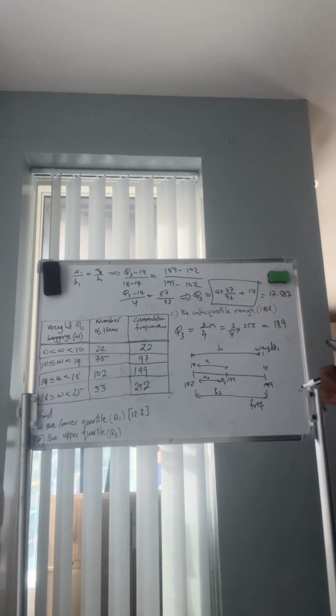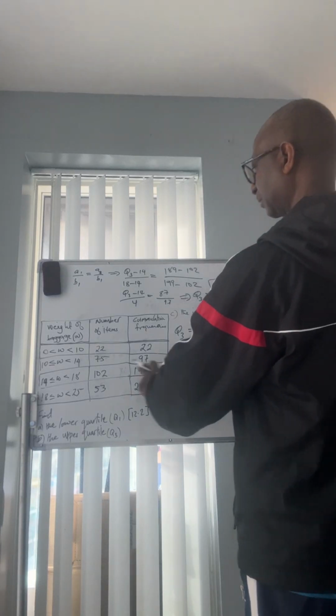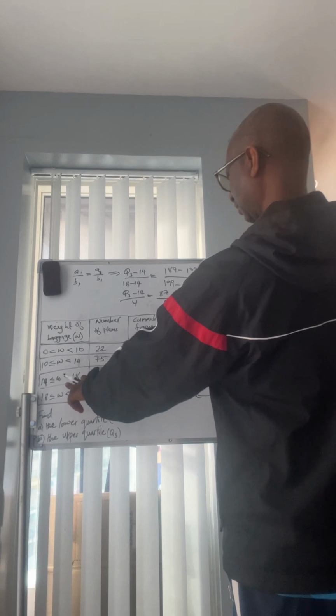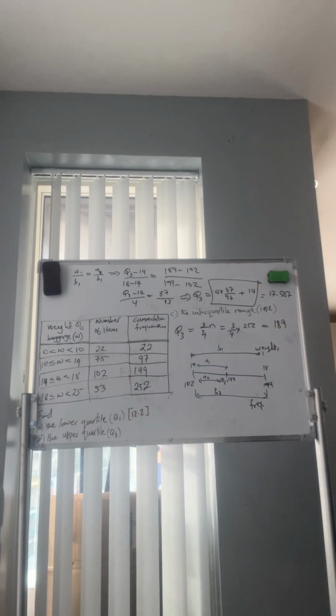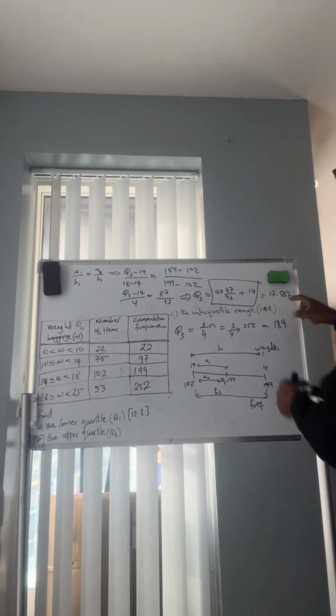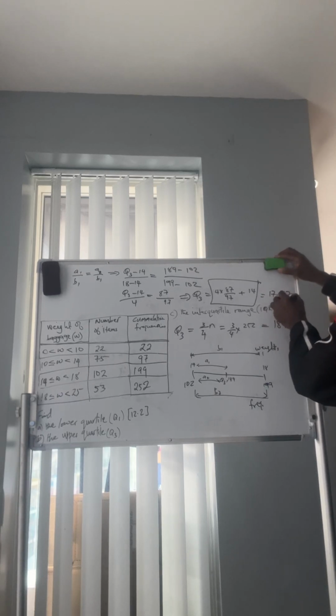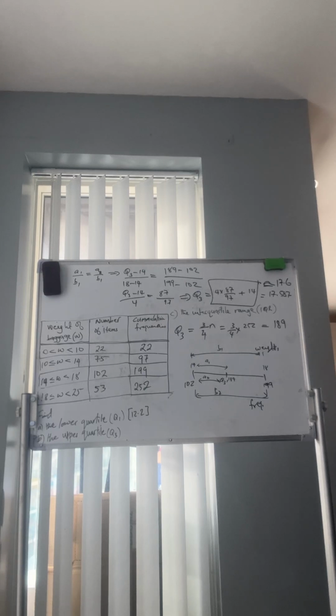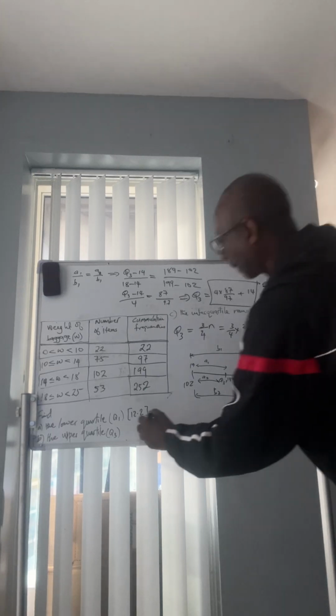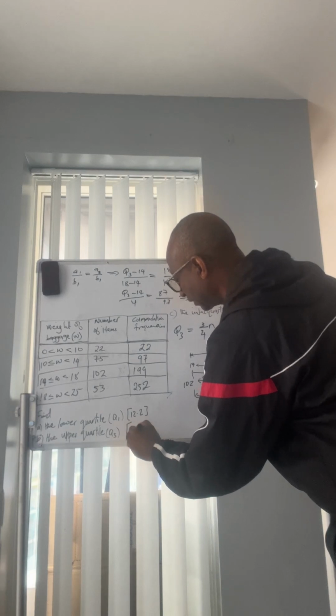This is in 14 to 18. So if you round it to 1 decimal place, you get 17.6. So this is the upper quartile range, 17.6.